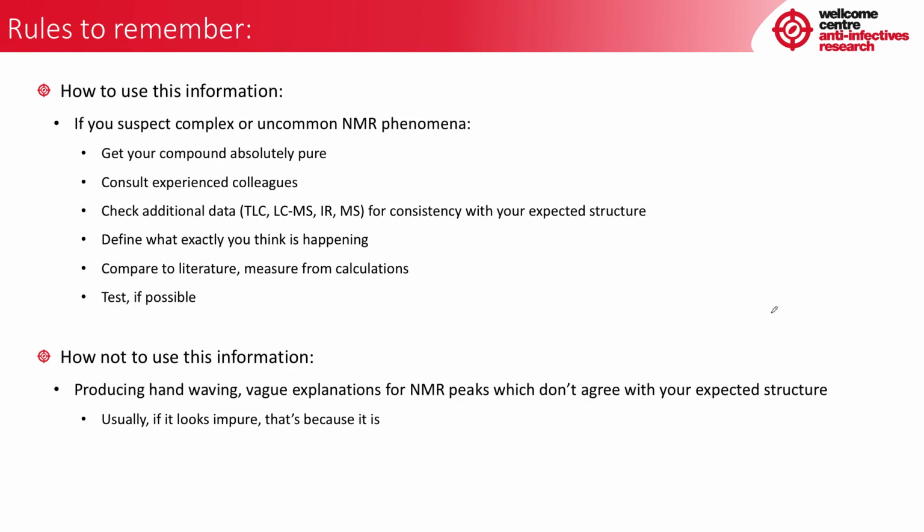If you don't understand something that's happening in your NMR and you suspect something unusual is going on, I'd suggest the first thing to do is just to try running it in a different solvent and see if what you're observing changes and if you can make any sense of that change.